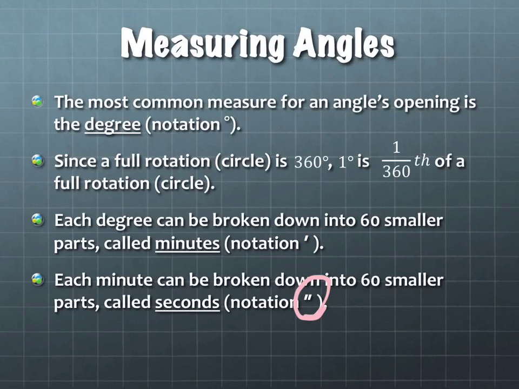Okay, so you know how many minutes there are and how many seconds there are and how they're related. So let's just talk about seconds in a minute. How many seconds are there in a minute? 60. And how many minutes are there in an hour? 60. The same relationship holds for minutes in a degree. It's all about the base 60.